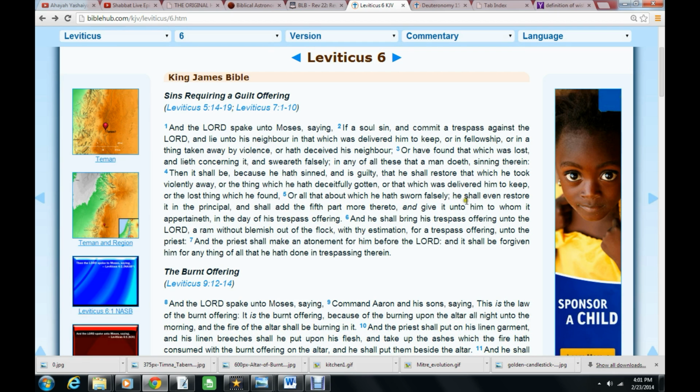He shall even restore it in the principal, and shall add the fifth part more thereto.